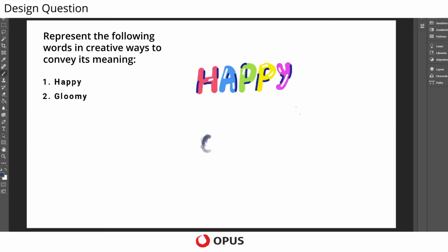See how I am using my texturing effects to bring out the meaning of that word. So here the writing itself will start communicating the meaning.